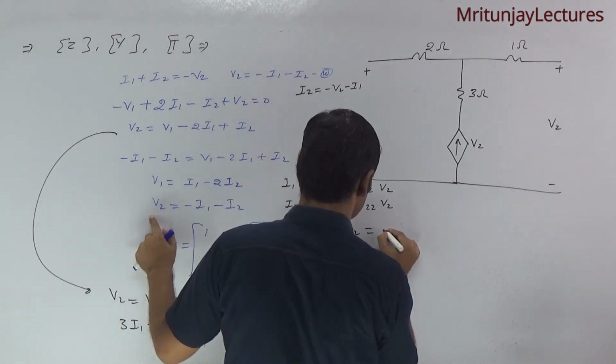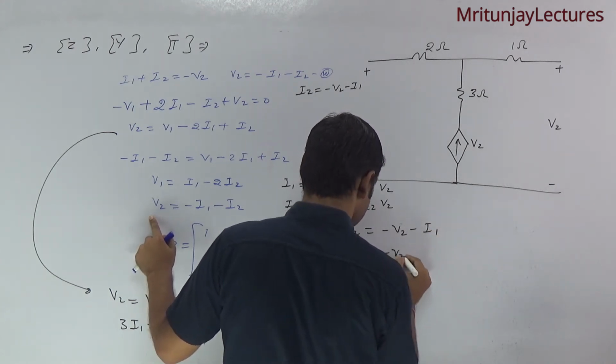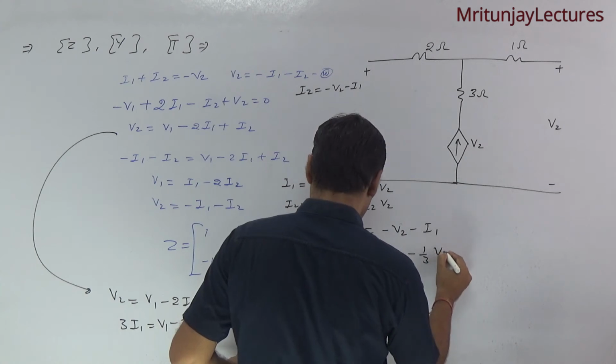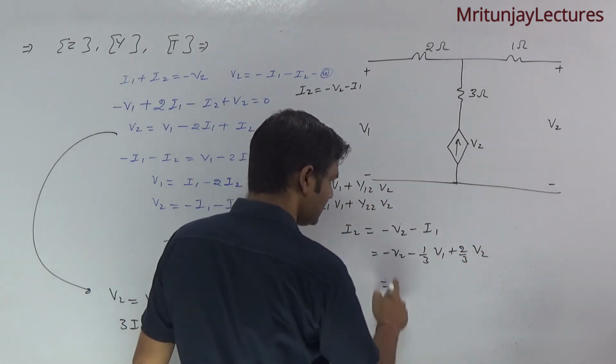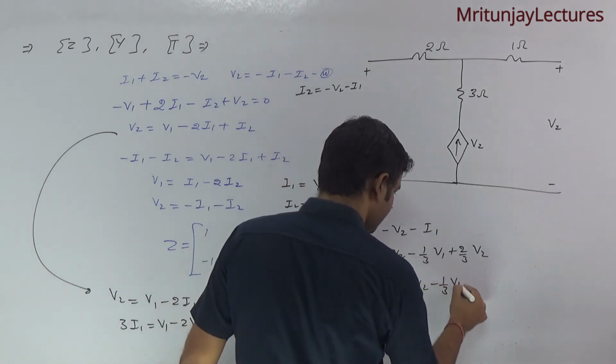I2 is written as minus V2 minus I1, minus V2 minus I1 is 1 by 3 V1 plus 2 by 3 V2, that is minus 1 by 3 V2 minus 1 by 3 V1.